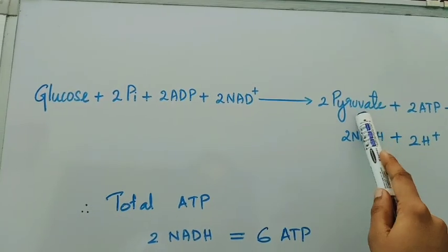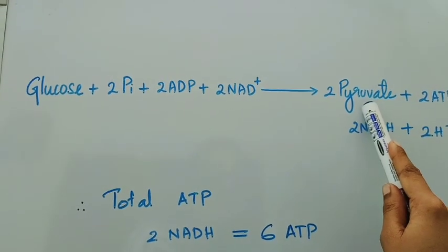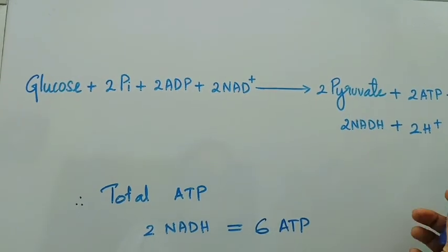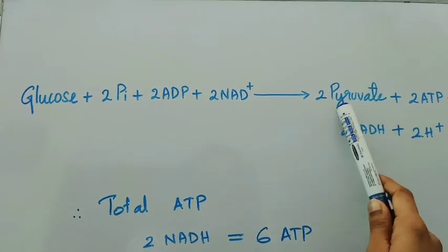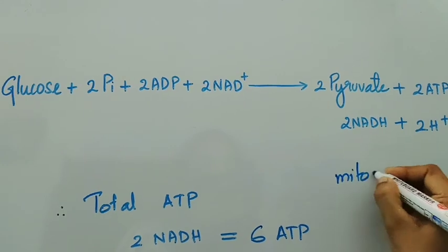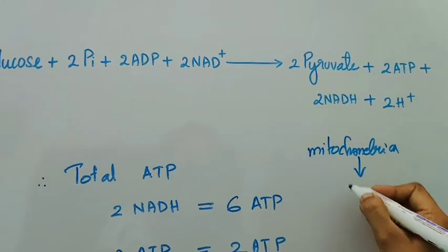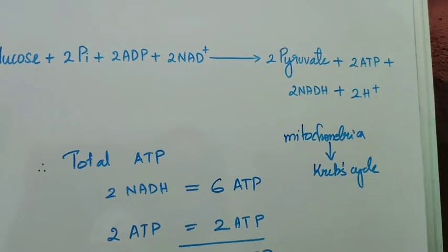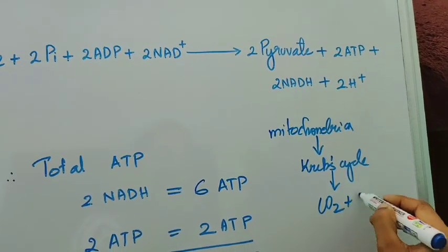What is the fate of the pyruvic acid? As I told you, glycolysis takes place in the cytoplasm. Depending upon the availability of oxygen, if oxygen is present, this pyruvic acid or pyruvate will move towards the mitochondria, wherein the next step of aerobic respiration, that is the Krebs cycle, takes place, by complete oxidation of pyruvic acid to produce carbon dioxide and water.